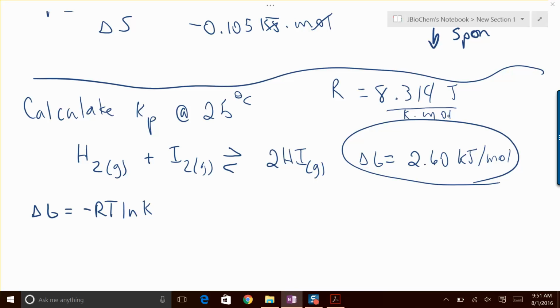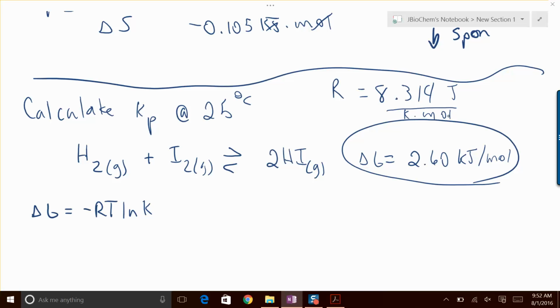So if I want to get the log of something, I use the log button. If I want to find the anti-log, I use 10 to the x. What am I going to use here that's kind of anti to ln, the natural log? E. I'm going to use e. Good. e to the x.